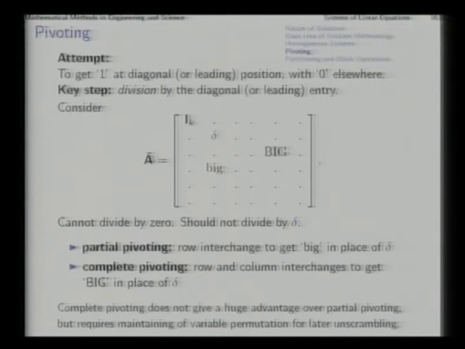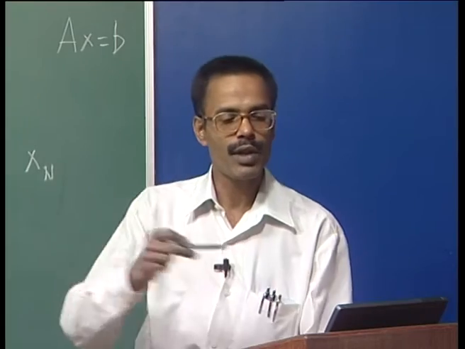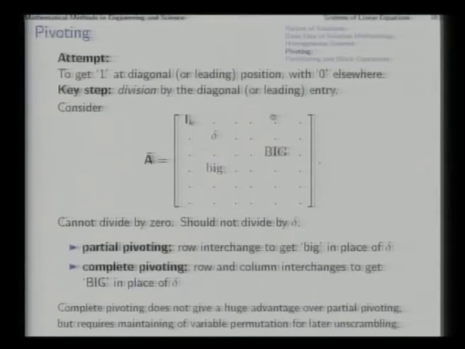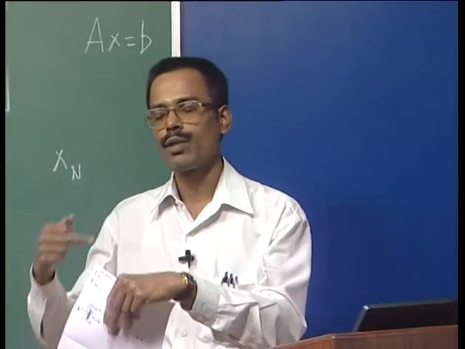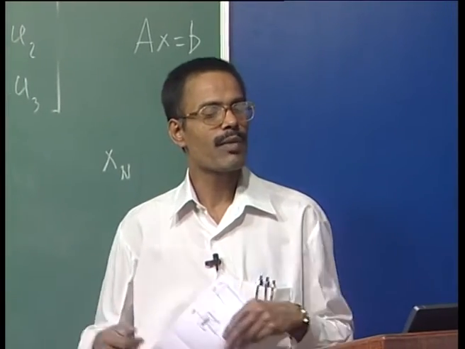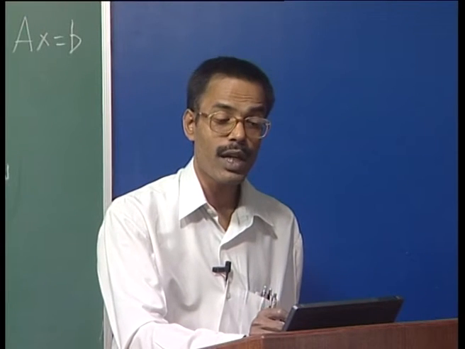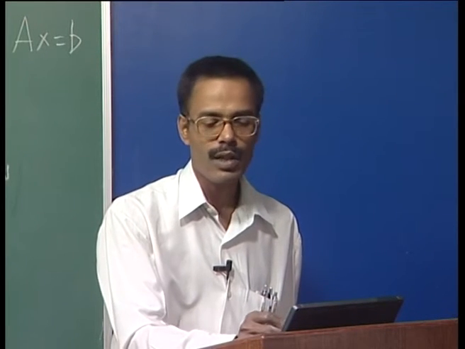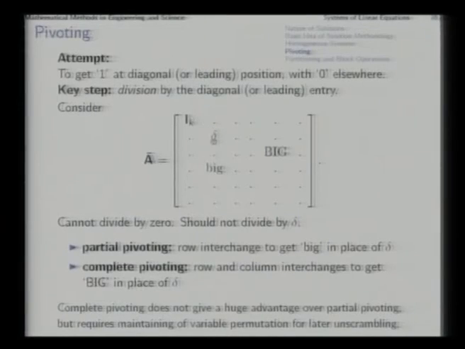Complete pivoting does not give a huge advantage over partial pivoting, but requires maintaining the variable permutation, because column interchange will mean that the variables x1, x2, x3, x4 actually get permuted. So, that extra bookkeeping you have to perform if you decide to do complete pivoting. On the other hand, partial pivoting is much simpler to handle and it accomplishes the task to a satisfactory extent.